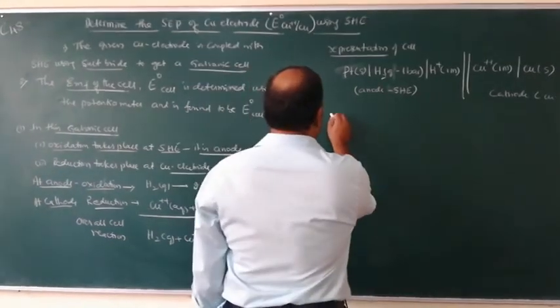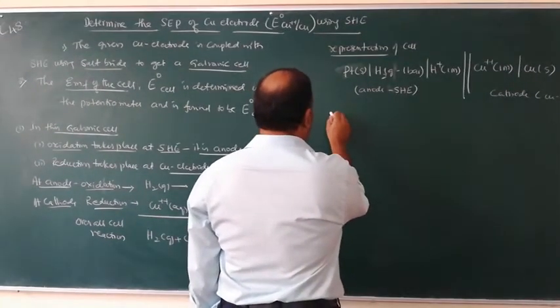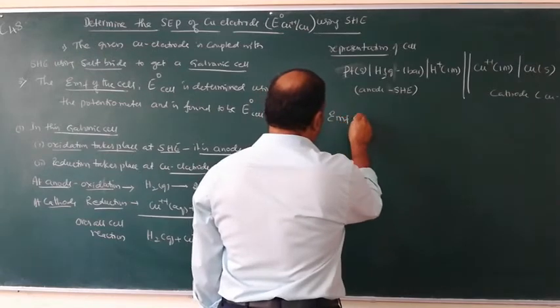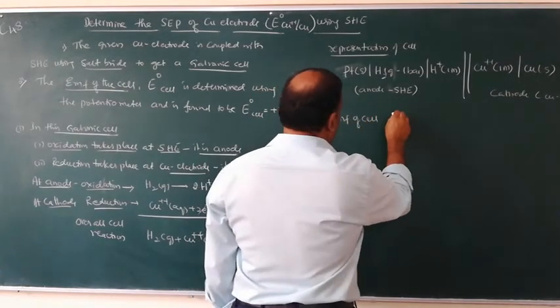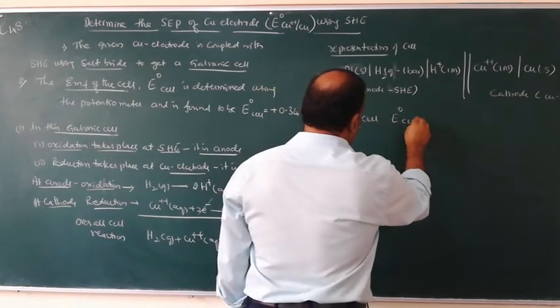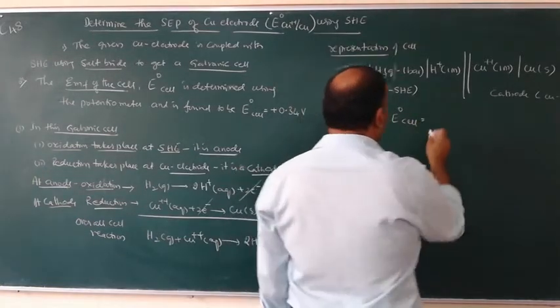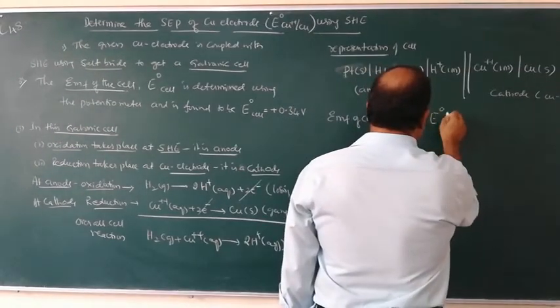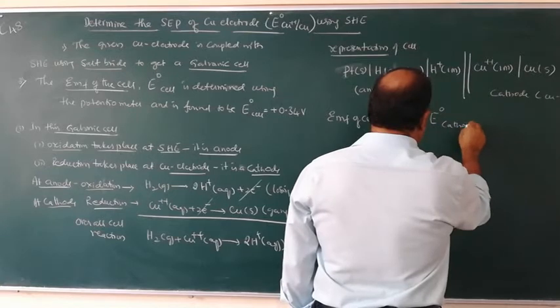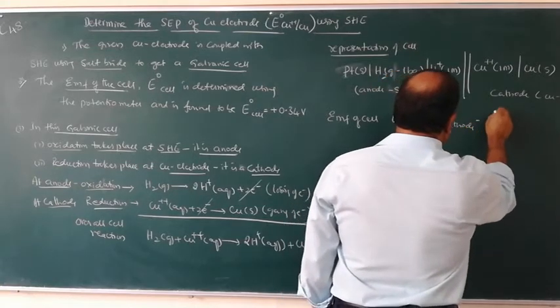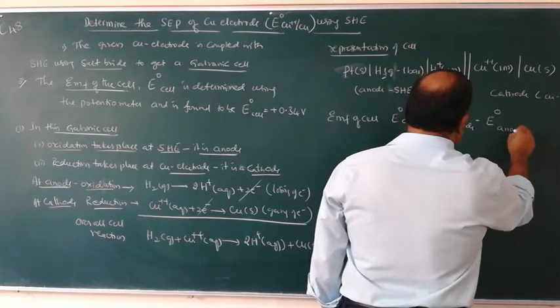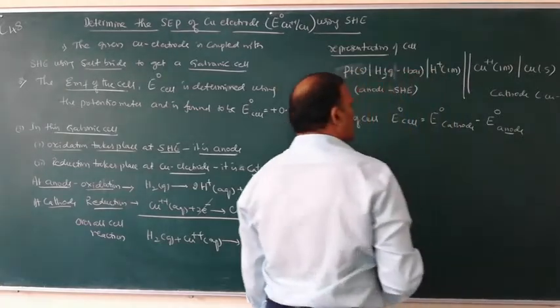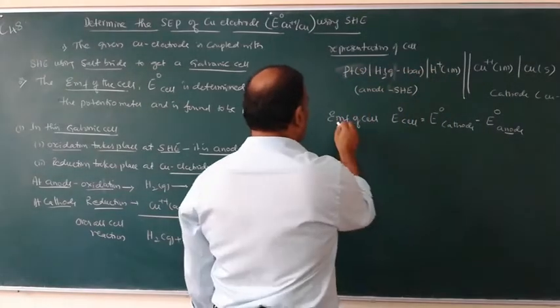Now what is EMF of cell? EMF of cell, that is E naught cell, is equal to E naught of cathode minus E naught of anode. E naught of cathode minus E naught of anode.